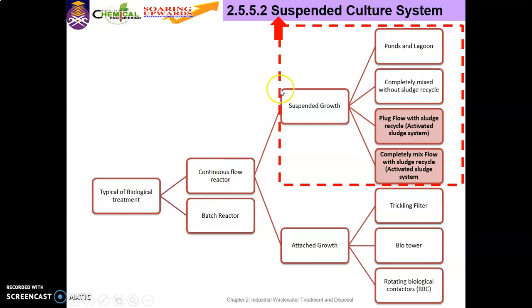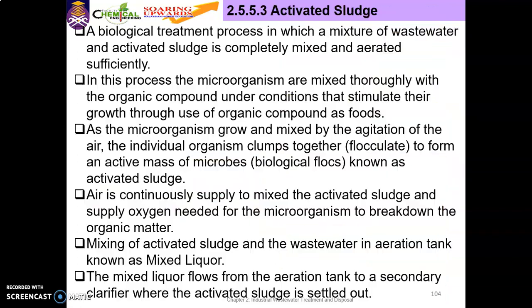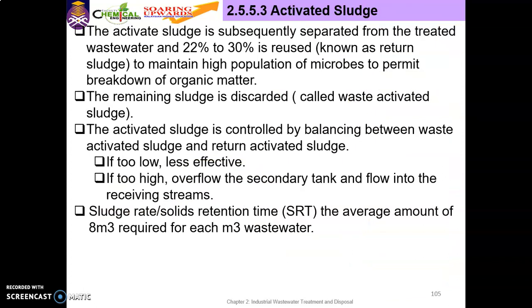There are 2 types, suspended growth and attached growth. For attached growth, they attach to the media. Let us look one by one. This is the activated sludge slide, same as before, which I mentioned involves microorganisms.